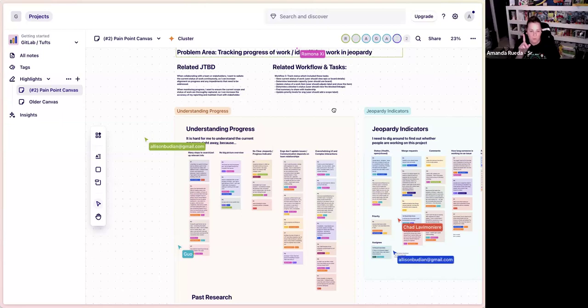Can I frame one more way? Starting with the problem statement, which is understanding progress. So start there and say, if I reduce the steps it takes to search, will my ability to understand progress be improved?